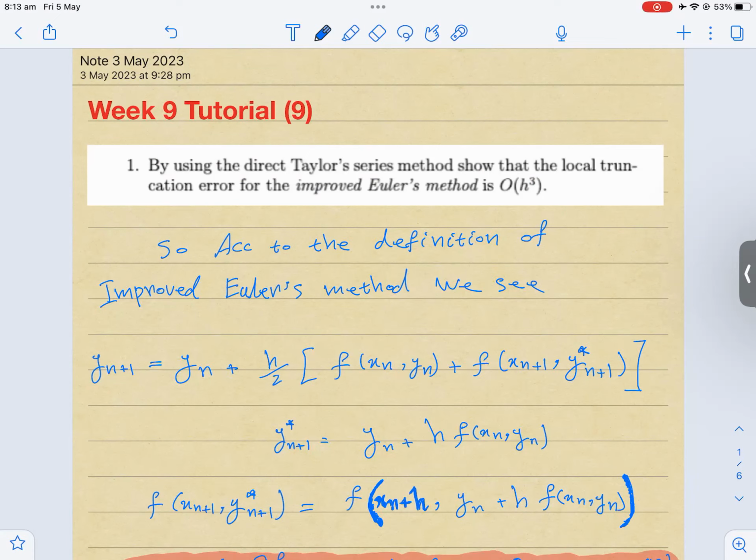For Heun's method, please do not use Wikipedia. It's just again the improved Euler method. Heun's method is coming from the literature of this course.